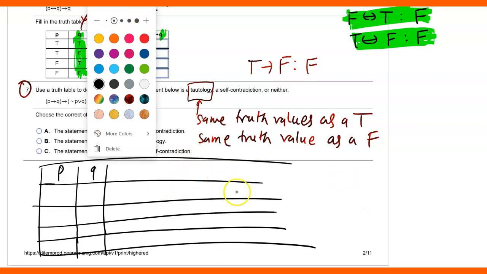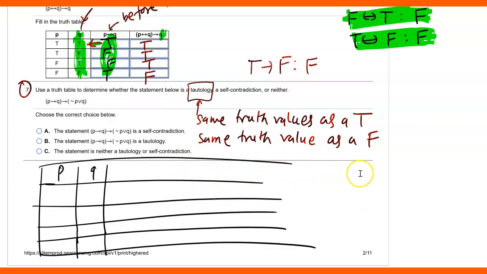I'm going to make columns as I need them on this side, but P and Q have to be fixed. How do you write the P? T, T, F, F. Q, T, F, T, F. That's how you start with P and Q. You can see here too, right? T, T, F, F, T, F, T, F.